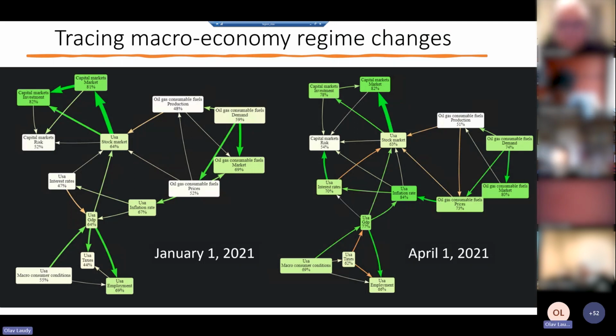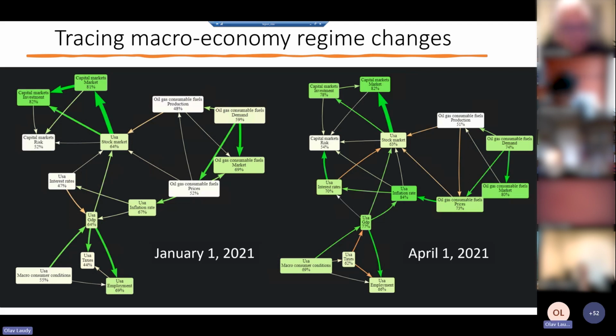Interestingly, we observe how the arrow between US GDP and taxes is reversed. During the Trump administration, people believed that the GDP would provide taxes. However, during the start of the Biden administration, authors were much more writing about the increasing taxes having a negative impact on the GDP. Yet, despite this negative link, the positive macro consumer conditions still forecasted an increasing GDP.